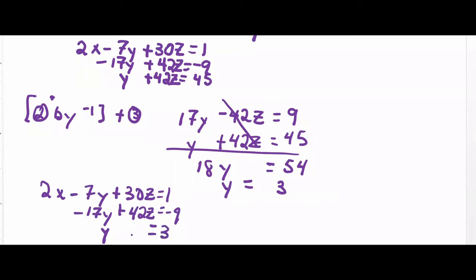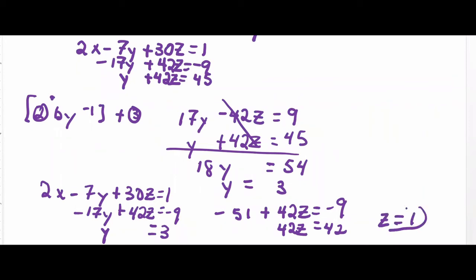Now that we know that y is equal to 3, we can put it into that second equation. -17 times 3 is -51. Adding 51 to both sides, we've got that 42z equals 42. And dividing both sides by 42, we now know also that z is equal to 1.